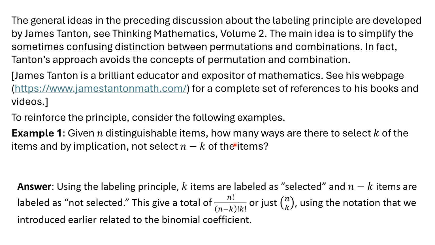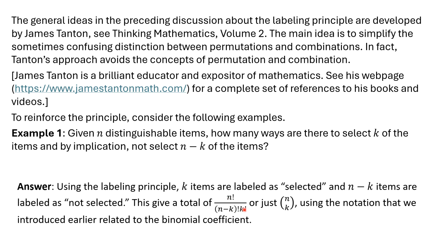So here's our solution using the labeling principle. K items are labeled as selected, and n minus k items are labeled as not selected. Then the total is given by our formula from the labeling principle. So it's the total number in the numerator, n factorial.